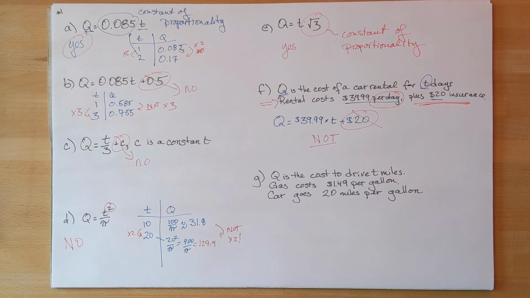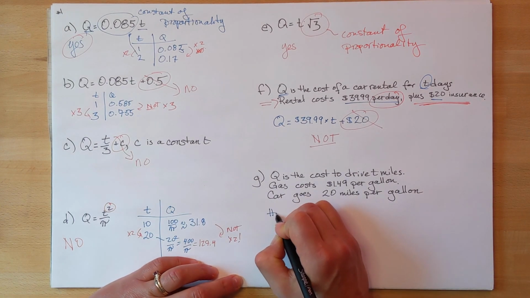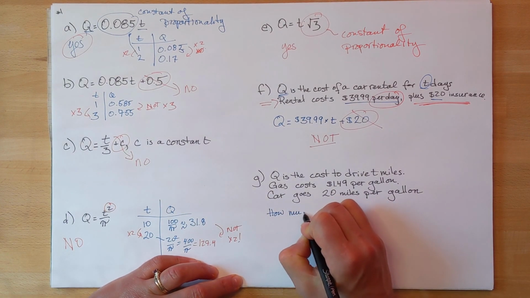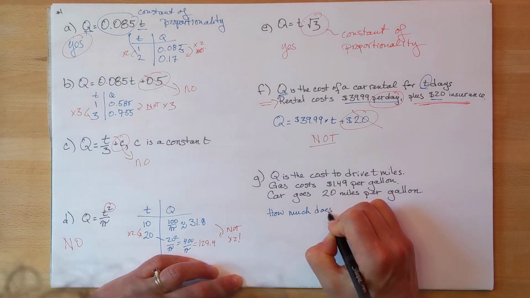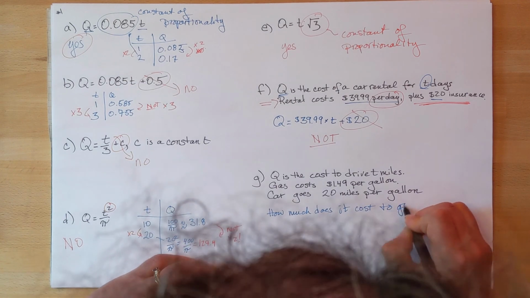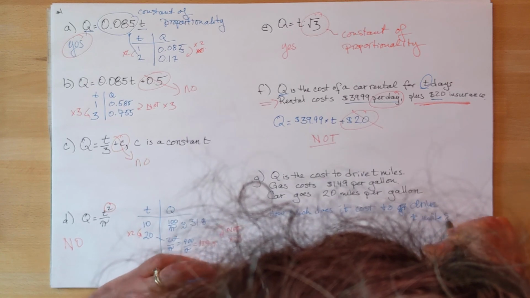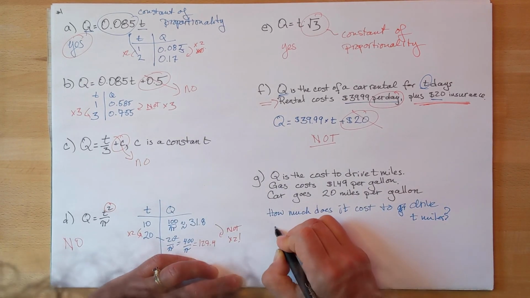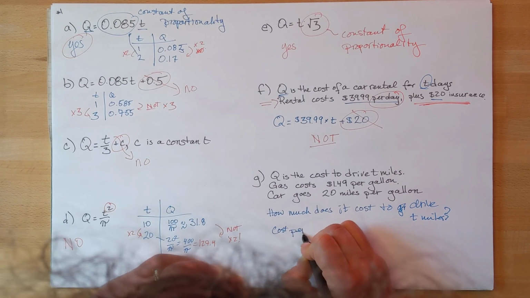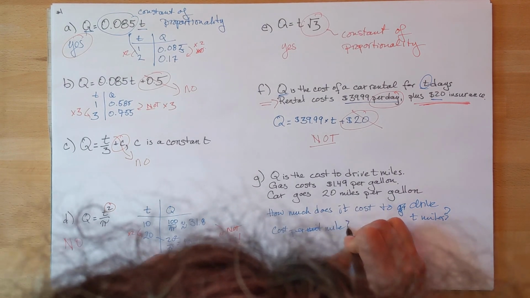Q is a cost to drive T miles. I have a cost of gas. I have a mileage. I've got to try to figure out what's going on here. So how much does it cost to drive T miles? Well, can I figure out the cost per mile from all of this information?